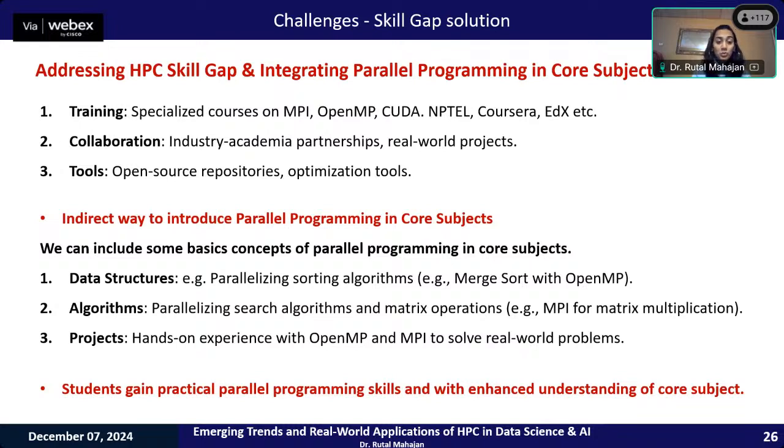And yes, we can give hands-on experience or projects on OpenMP or MPI to solve real-world problems. And to my surprise, this time I got very nice results with this experiment. I taught the students just some basics of OpenMP and MPI, and I asked them to make a small project involving a real-world application.